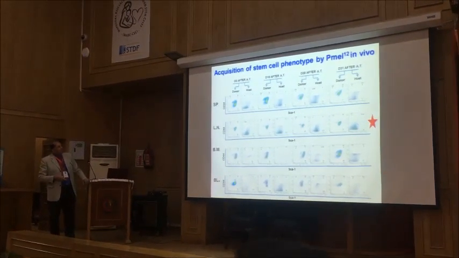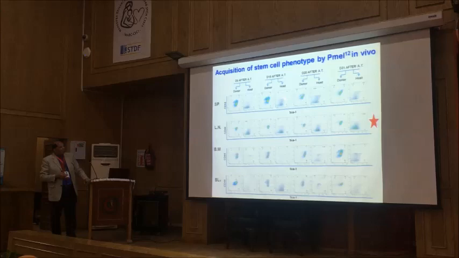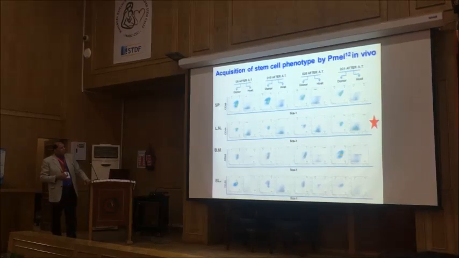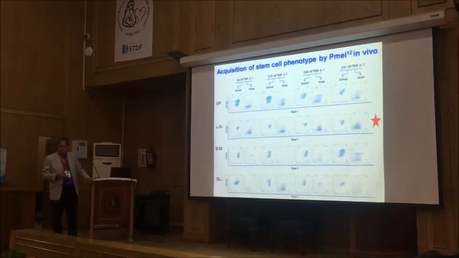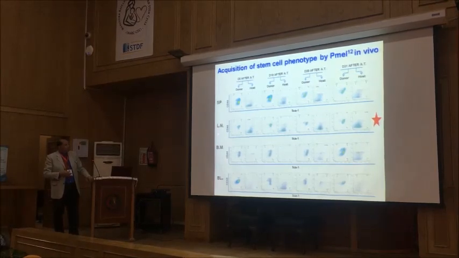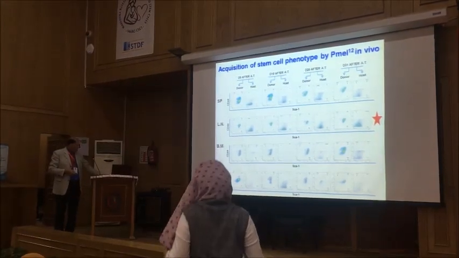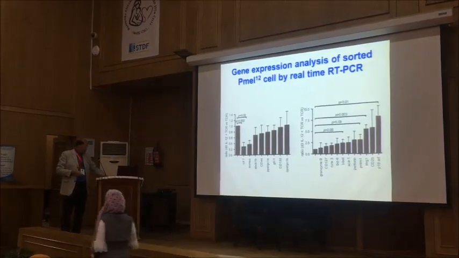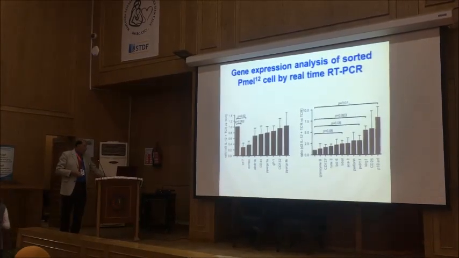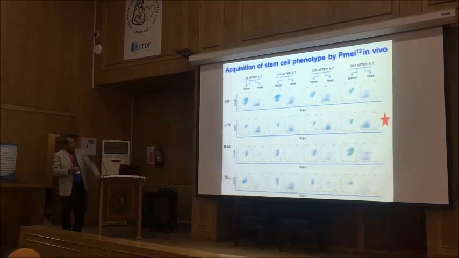Also, we looked at the SCA1 and CD44 expression in spleen. Is it systemic or only blood? We looked at spleen, lymph node, bone marrow, and blood, and we found the same characteristic features, especially in lymph node.